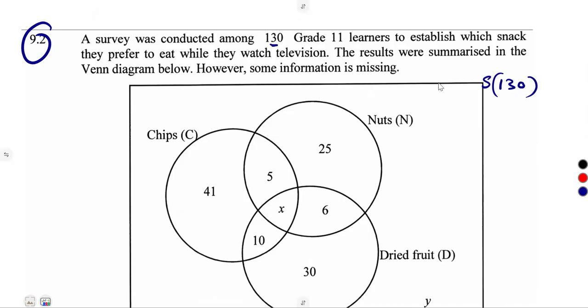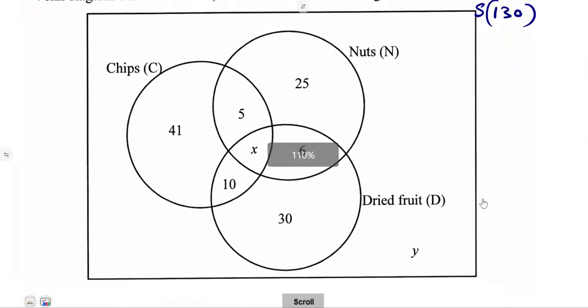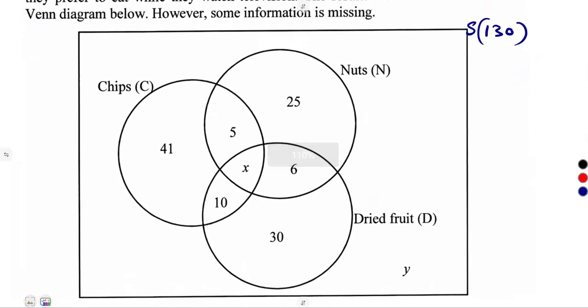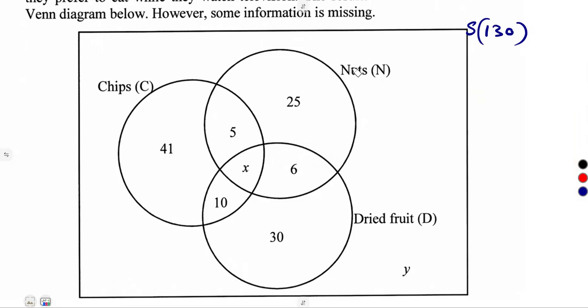The results were summarized in the Venn diagram below. However, some information is missing. We have the chips, then we have nuts, then we have the dried fruit, which is D.